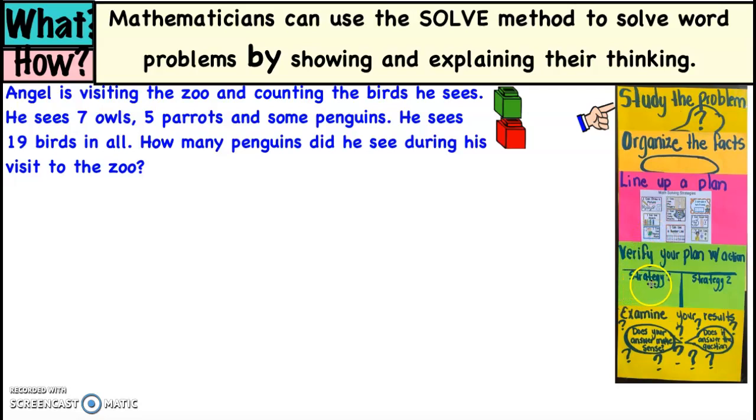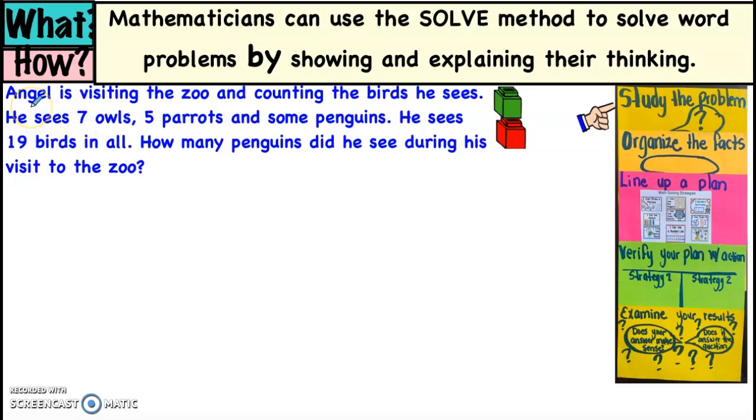And we're going to verify our plan with action with those different strategies. And then last, we're going to examine our results, asking ourselves, does my answer make sense? And does my answer the question?